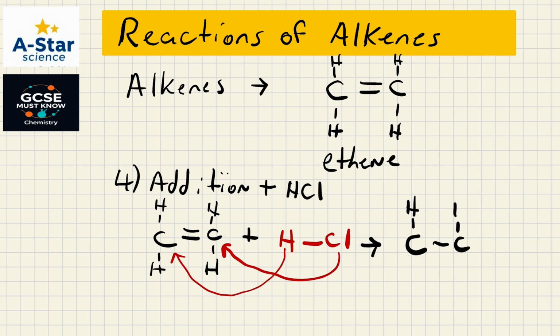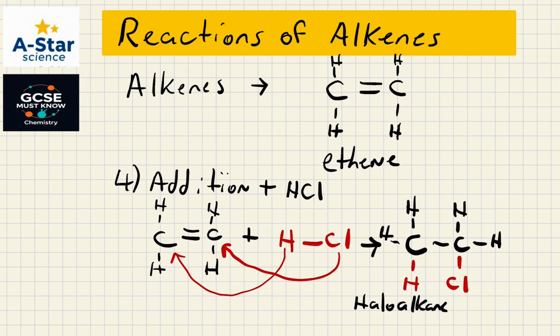And now we get back an alkane. So we need to break the double bond, write out the hydrogens that were already there, and now we add the 2 atoms. And you can see we've formed another haloalkane. This is another haloalkane because it contains a halogen and an alkane.